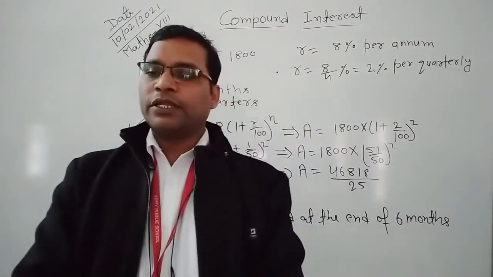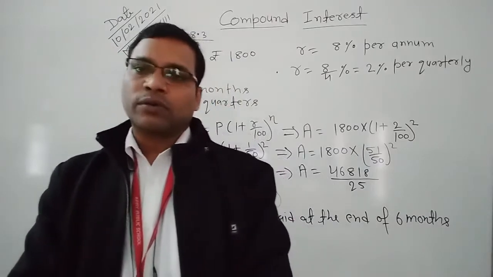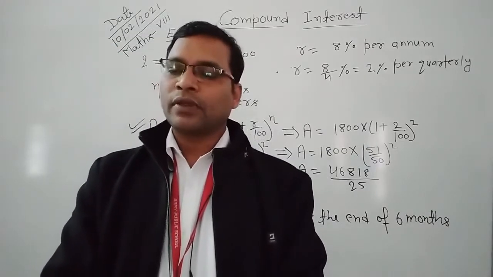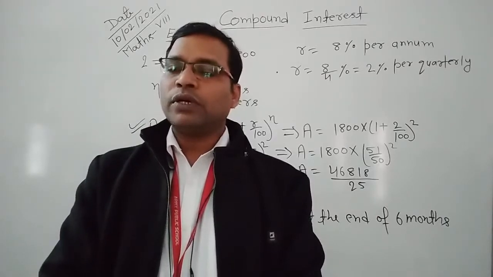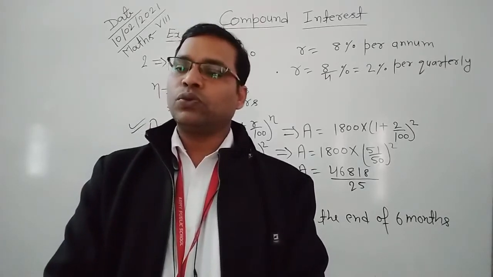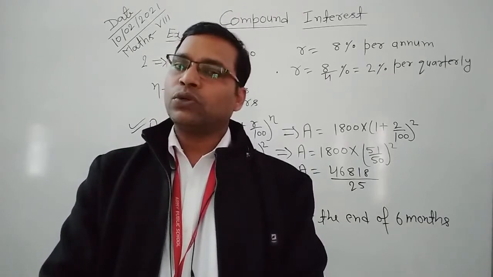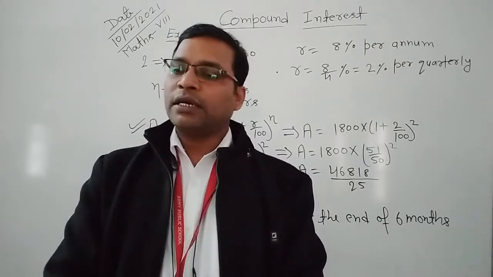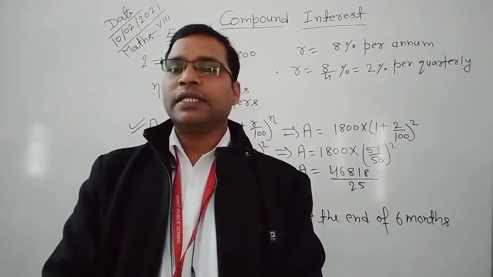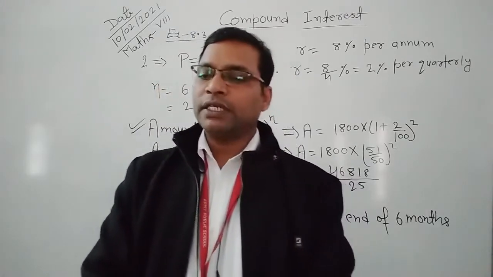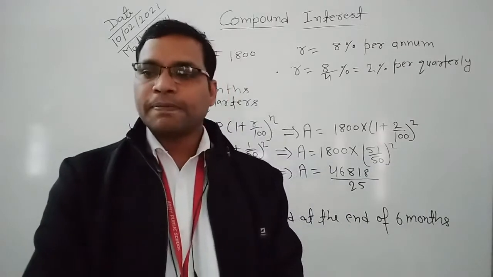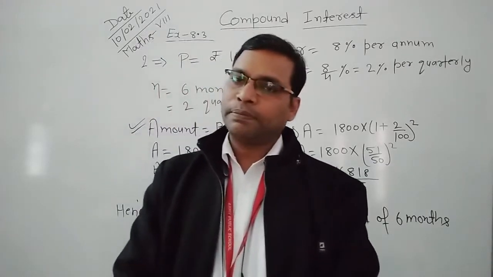I repeat this question again. The question asked to us: how much will 25,000 rupees amount to in 2 years at compound interest if the rates for the successive years are 4% and 5% per year.